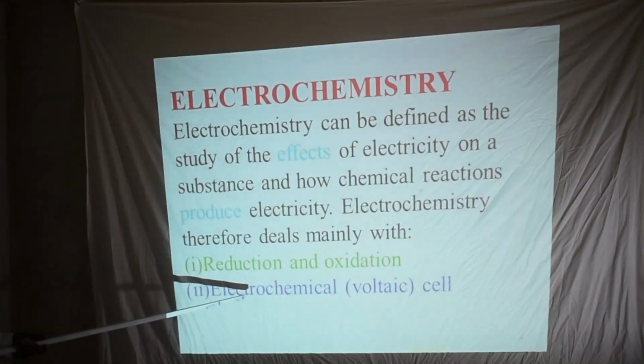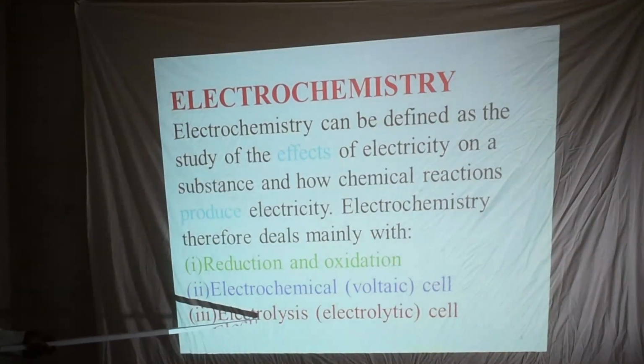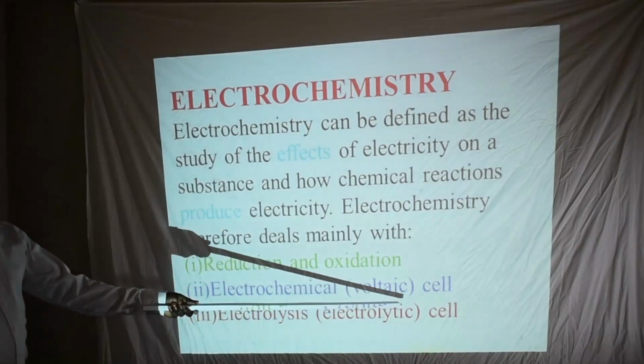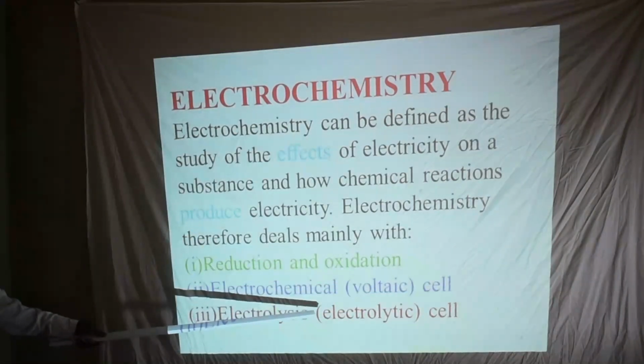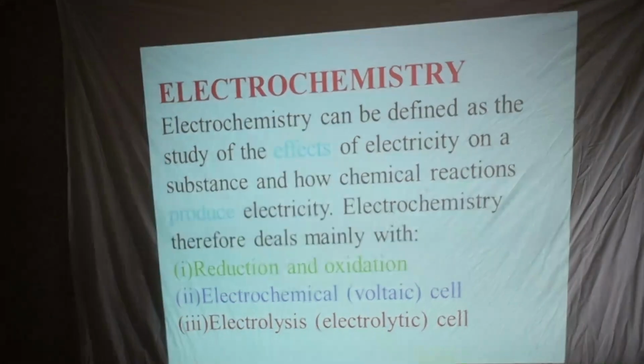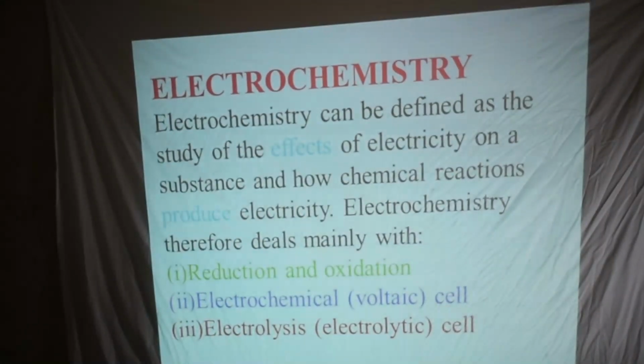The last part of electrochemistry in Form 4 is electrolysis or electrolytic cell. And lastly, we are going to see the applications, majorly the application of the three of them. So these are the major parts of electrochemistry in the topic in Form 4.